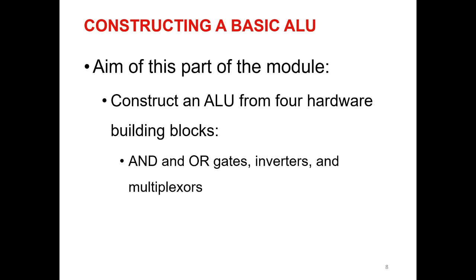So today what we are going to see is how this arithmetic logic unit is implemented in hardware. And for that we are going to use the components we saw yesterday: AND and OR gates, inverters, and multiplexers.